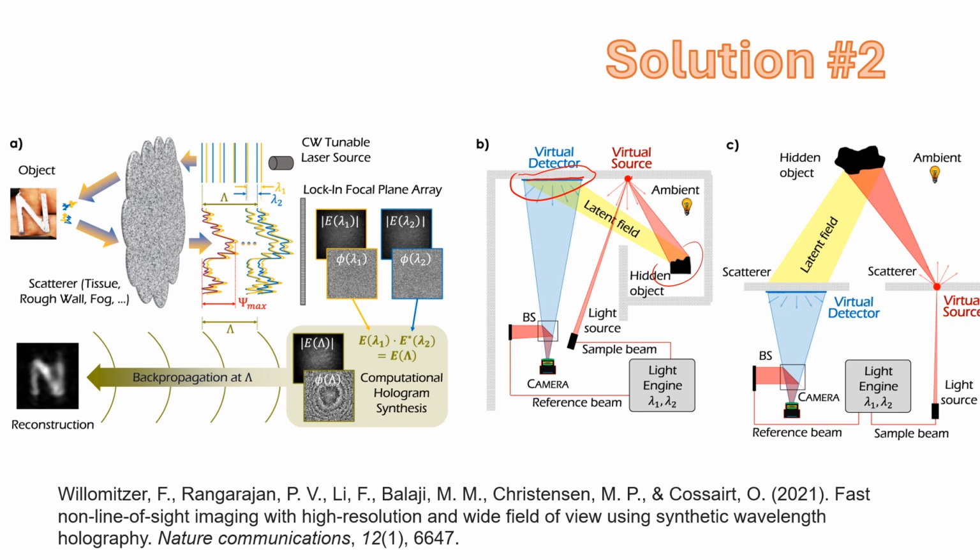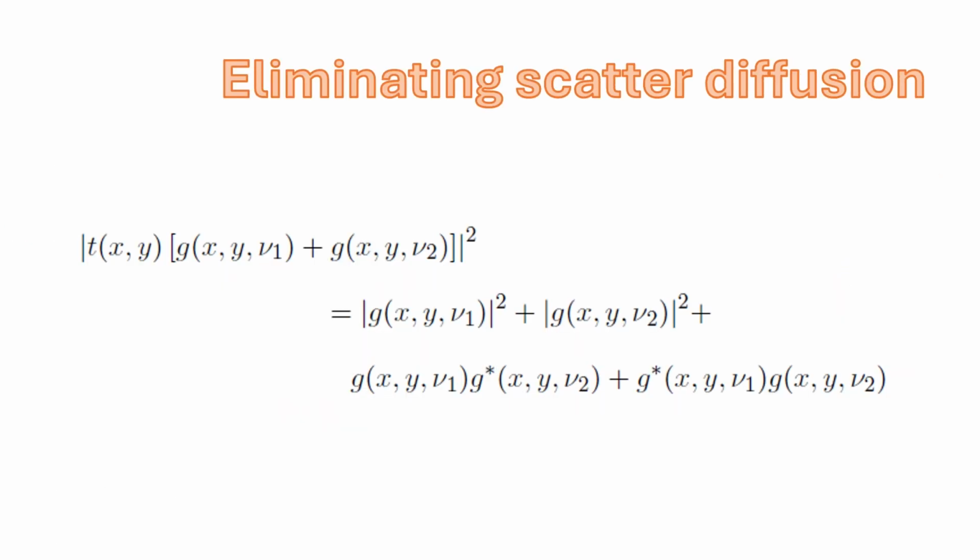This technique, if we can cancel the scatter, could be used for this non-line of sight geometry where the scatter hits back onto a phase screen. It could also be used to image through scatter if the scatter is in the path of the observation of the camera rather than just a phase screen. To do this, we assume that the phase of the scatter is the same at two different frequencies.